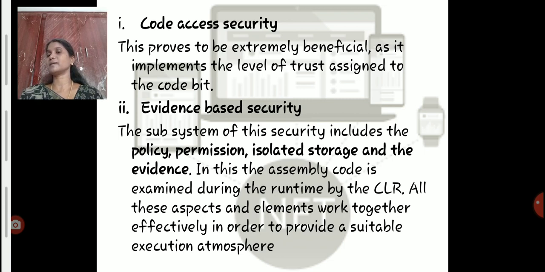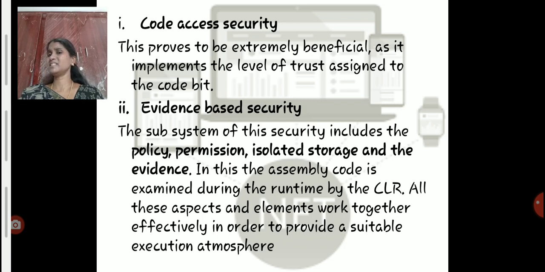The next one is evidence-based security. In evidence-based security, we provide security for each and every subtask or subsystem. The security credentials are permission, isolated storage, evidence, policy, and so on.